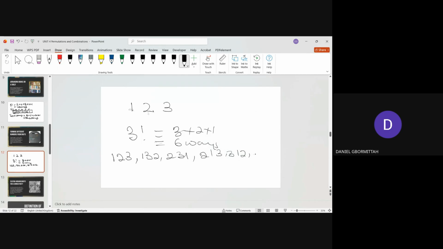So let's count them: 1, 2, 3, 4, 5, 6. So here order is important. There are 6 different ways that we can arrange the digits 1, 2, 3 in order.